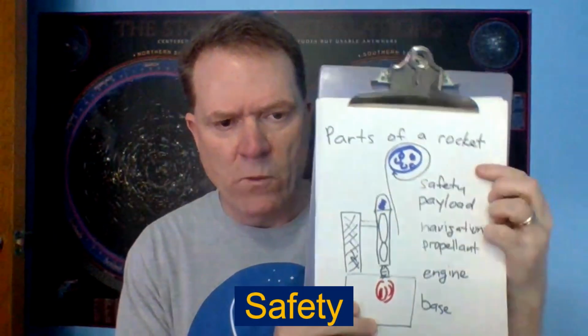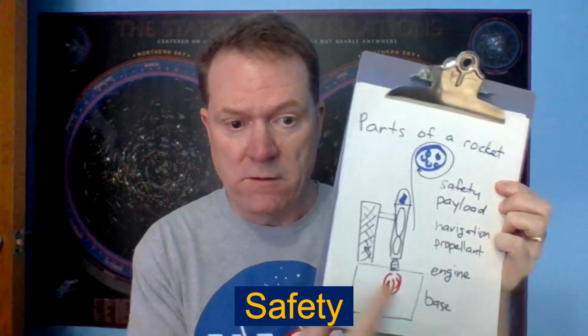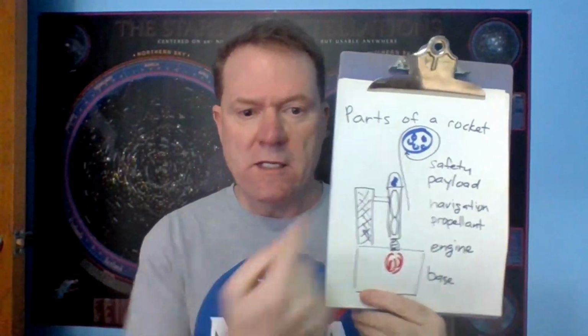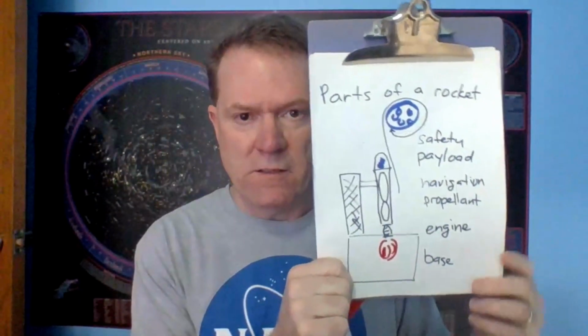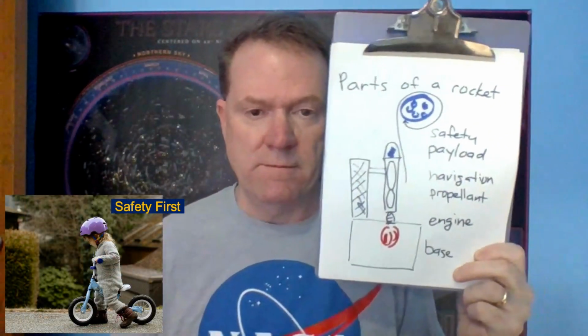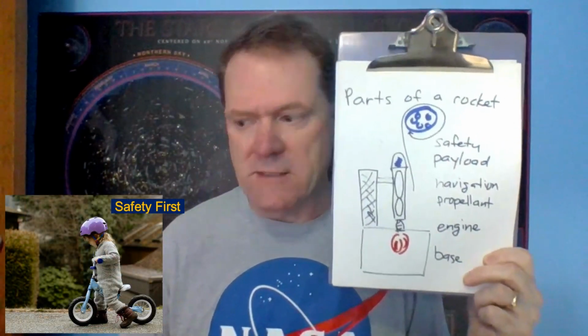You know what that is? It's safety. We want to protect all the people on the base. We want to protect anybody that is part of the payload. We want to protect everybody that is around the launch place and everybody below the orbit. Everybody needs to be safe.